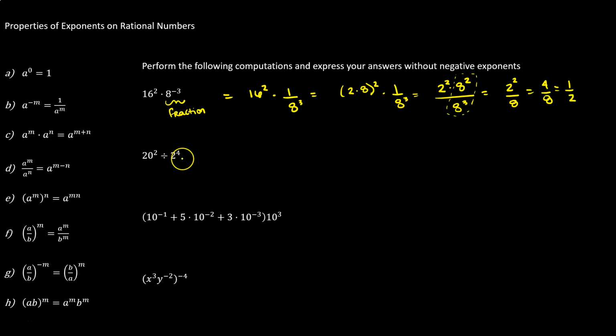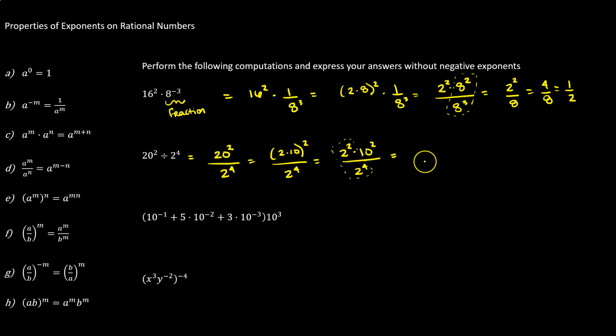20 squared divided by 2 to the 4th, there are no fractions hiding in each one of these numbers, but 20 squared divided by 2 to the 4th is a fraction itself. 20 can be written as 2 times 10, so we replace it there. Distribute the exponent so that it looks like 2 squared times 10 squared. And now we can divide off the common factors of 2. 2 squared divided by 2 to the 4th would leave 2 squared in the denominator.